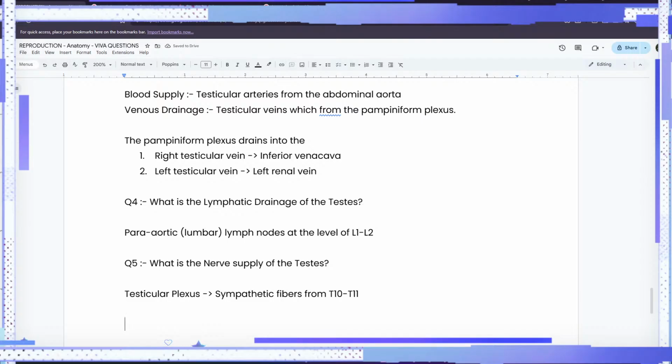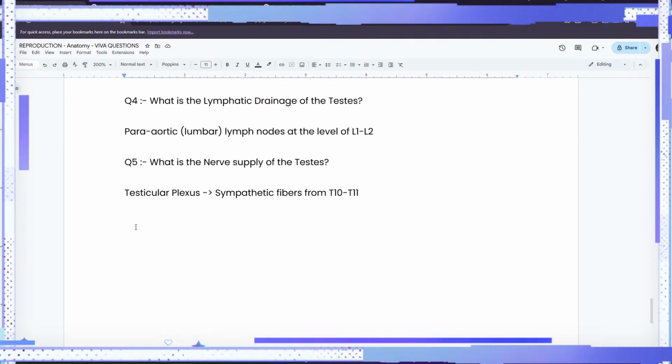Okay. So next question, of course, is basically about what is varicocele, right? They love to ask that question.